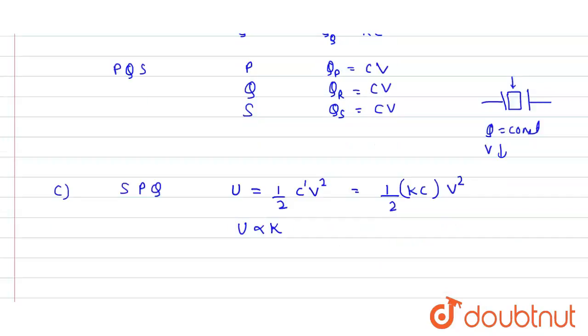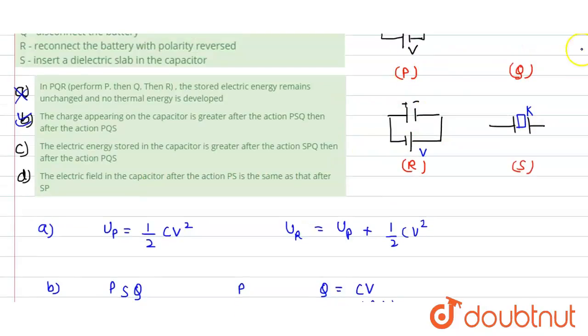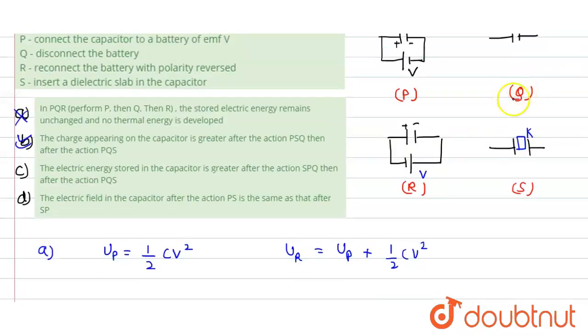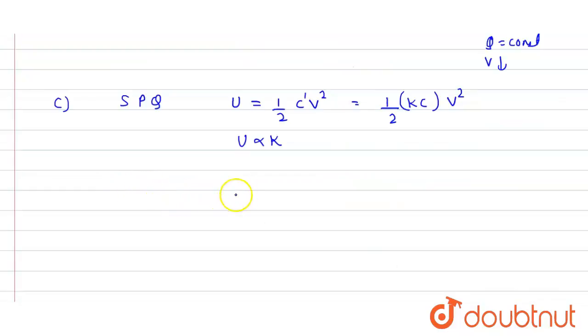Now in the next case, we are doing P and then Q and then S. Initially this is our P, that means the battery was connected, and then we do Q, that means we are removing the battery, and after that we are inserting the dielectric. In this situation, since the battery is disconnected, the charge would remain the same. So we will apply the formula Q square divided by 2C dash.